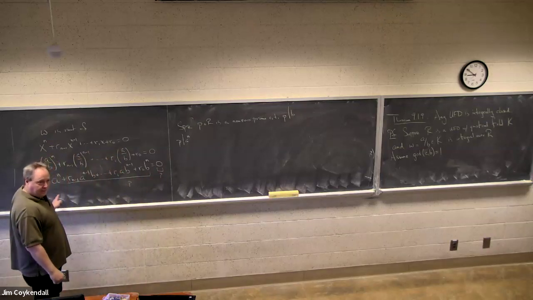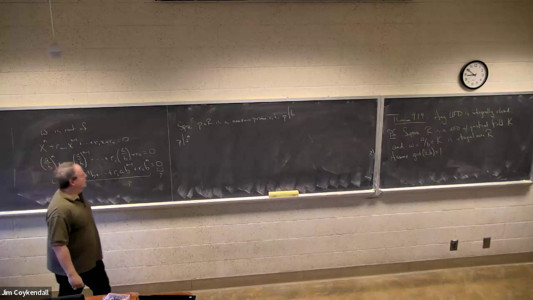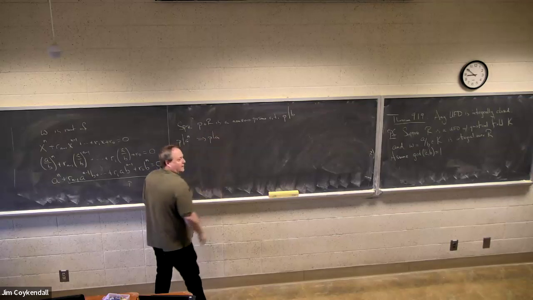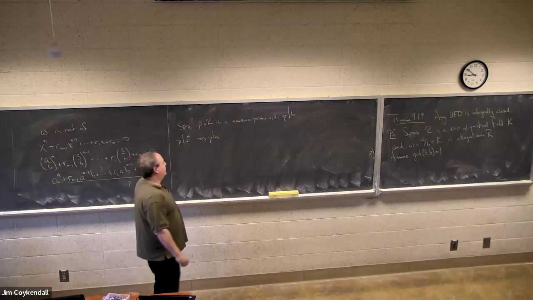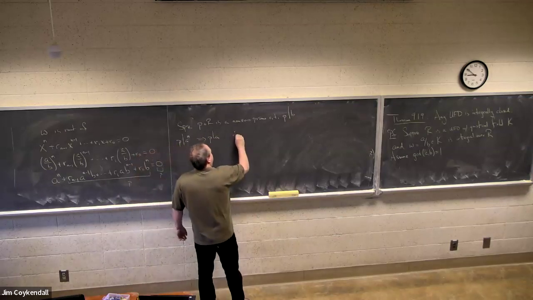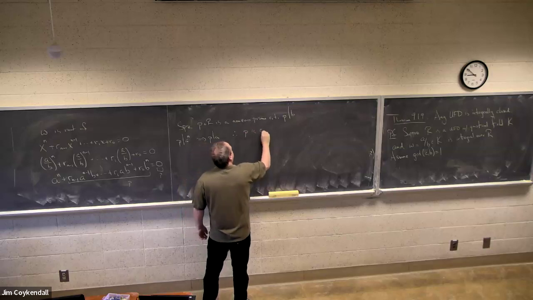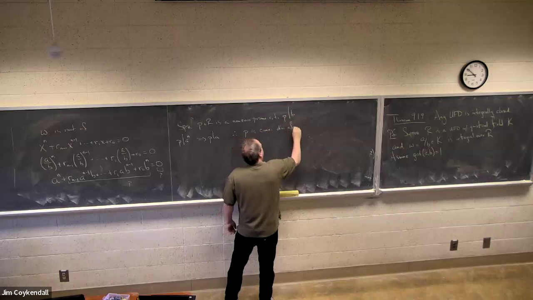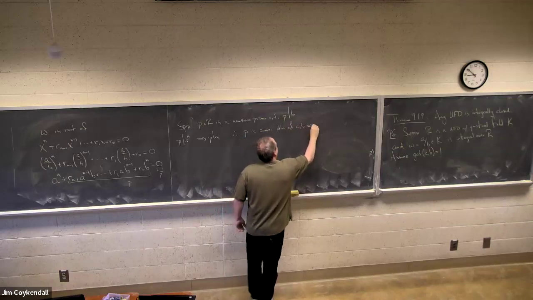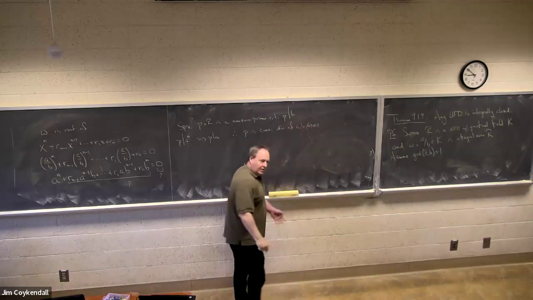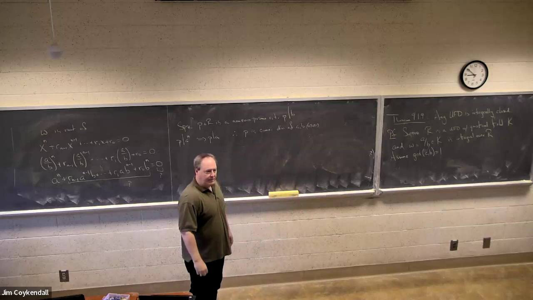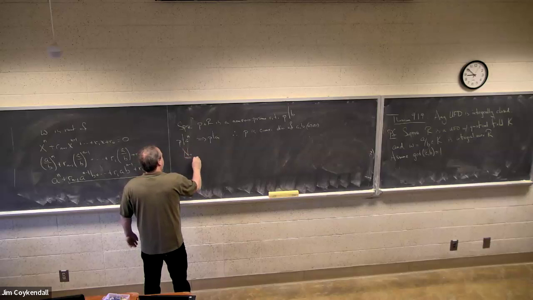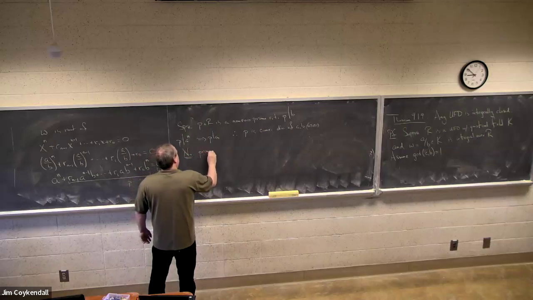Agreed? So P has to divide A, because P is a prime. Therefore, P is a common divisor of A and B, which is a contradiction, because A and B have no common divisor. Conclusion: no prime divides B.